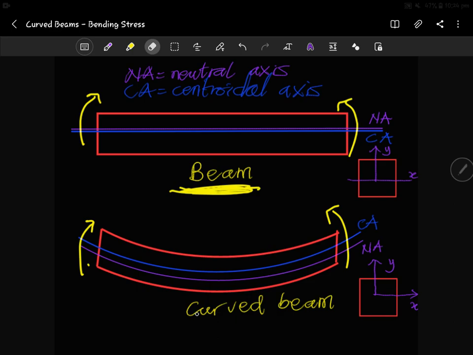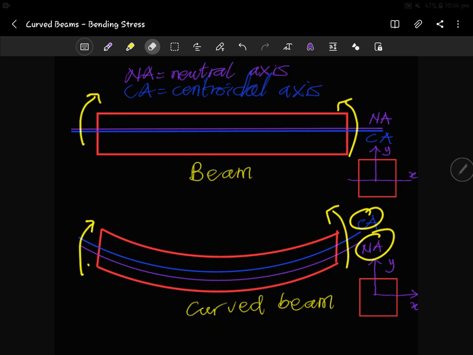But when it comes to the curved beam, they are almost all the time not the same. That's why I brought a wide space between the centroidal axis and the neutral axis. This is just a scheme, not the exact thing, a diagram to make us understand what's actually happening within a straight beam and a curved beam.